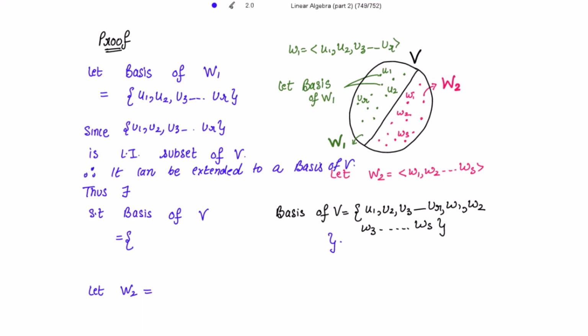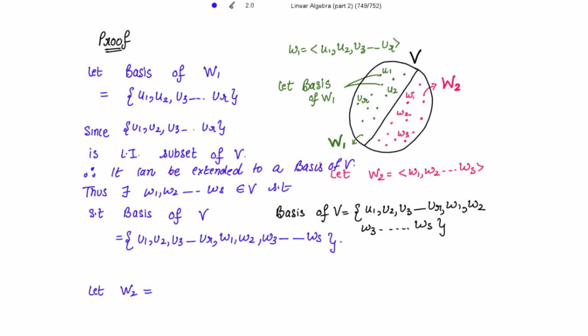So thus there exists W1, W2 up to Ws belonging to V such that the basis of V now becomes U1, U2, U3 up to UR and W1, W2, W3 up to Ws.